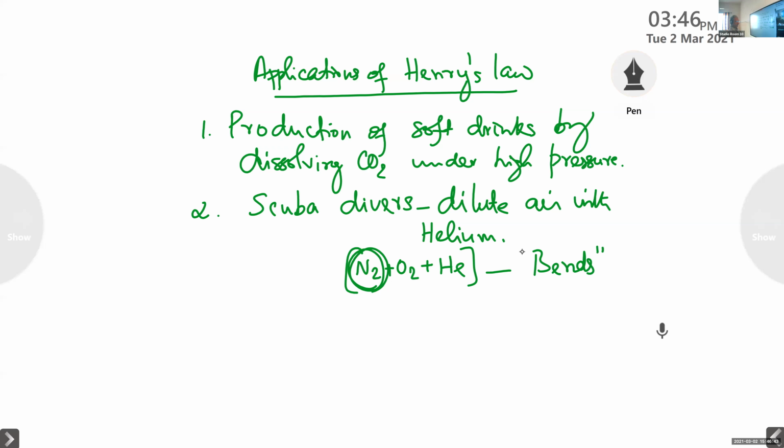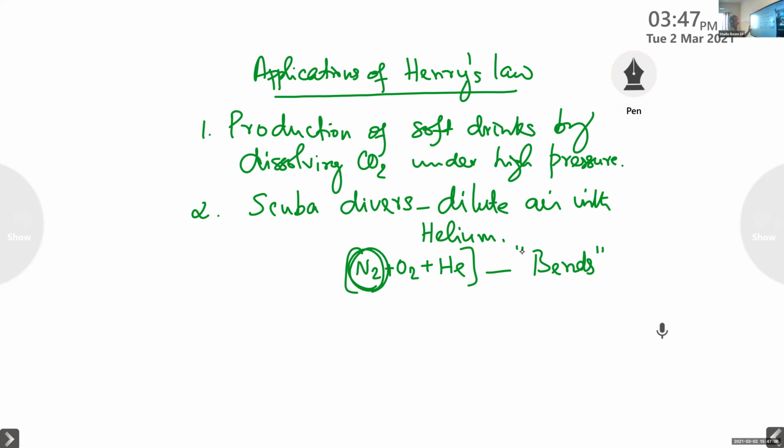Due to the formation of nitrogen gas bubbles in our veins, there will be severe pain and more health problems also. And that situation is called bends.